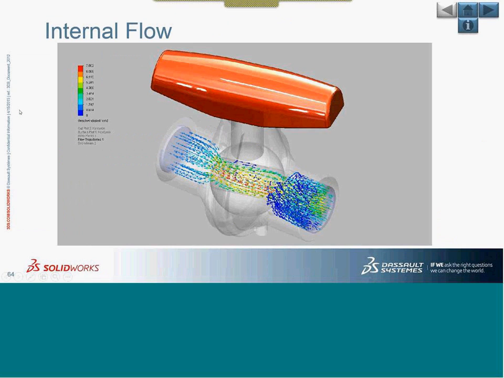First, as simple as internal flow analysis. Here we have a typical given domain with fluid coming in from a certain inlet and going out from another exit. We create this closed domain and the software calculates the behavior of the fluid inside it.